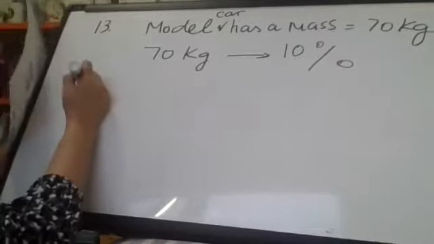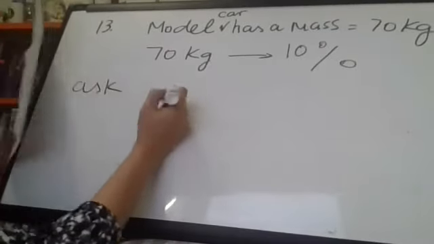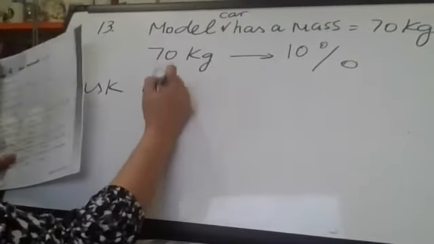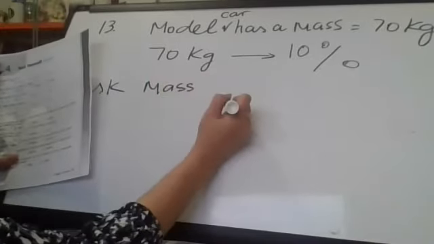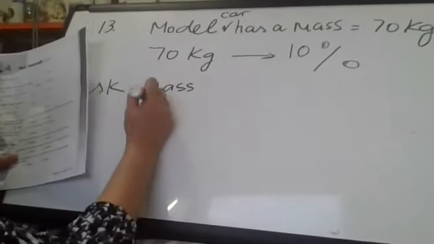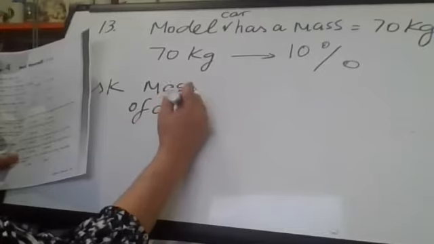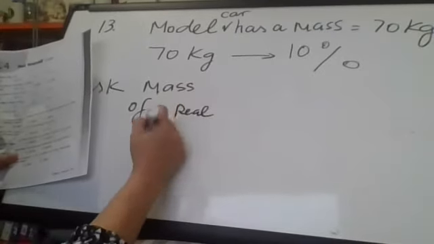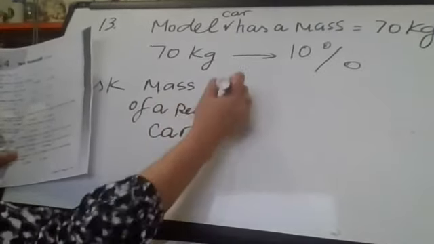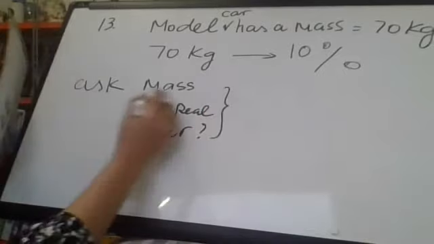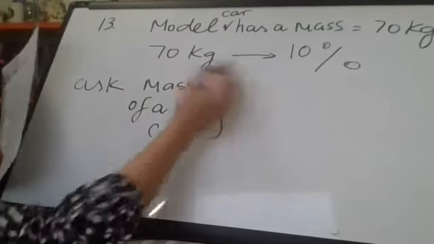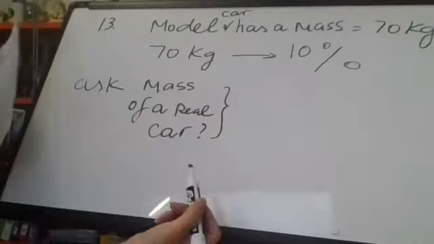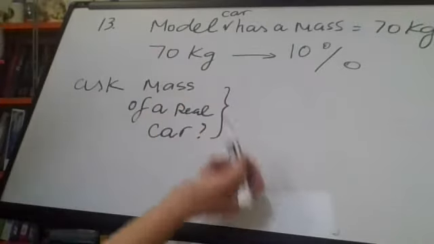So the question asks, what is the mass of a real car? If the mass of the model car is only 70 kilograms, what's the mass of the real car?